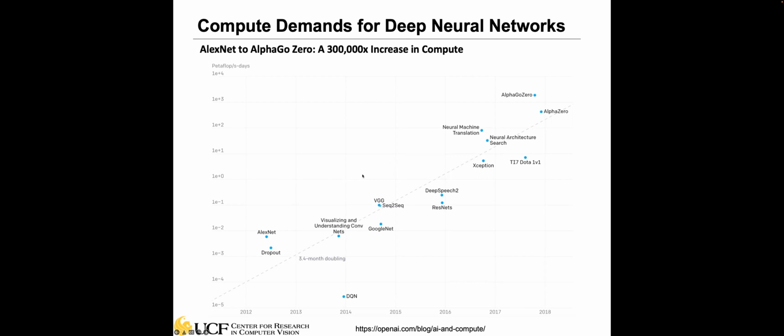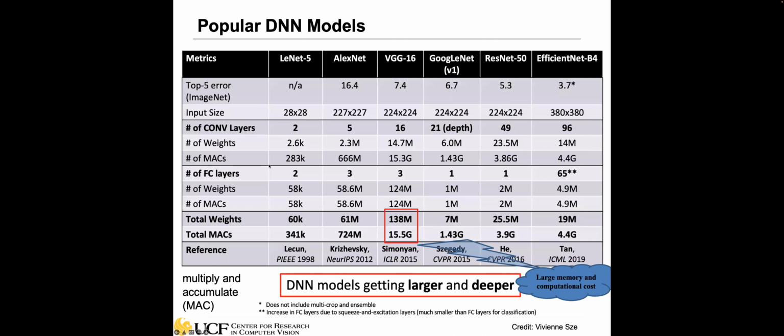Okay, so if you look at this figure here, it shows the progress of the neural architectures in recent years. And in the vertical axis, you can see how much the computation has also increased. And this is also a table that shows a very detailed comparison of different neural network architectures and their compute operations in terms of multiplication and addition.